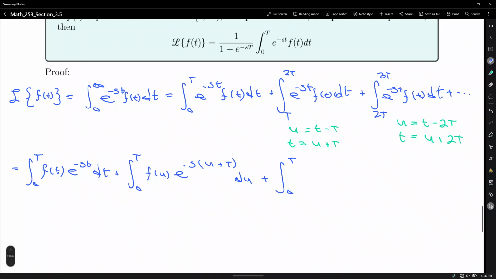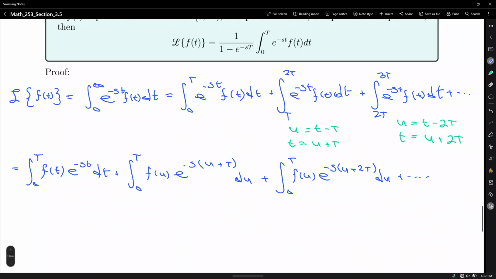It's going to be the same. You guys agree that T, 2T, 3T, 5T, 157 million T is equal to T because that's the fundamental period. So we can use the same upper limit of integration. And guys, it will be convenient for the following reason. You'll see. So f of u e to the negative s u plus 2T, du, plus dot dot dot.